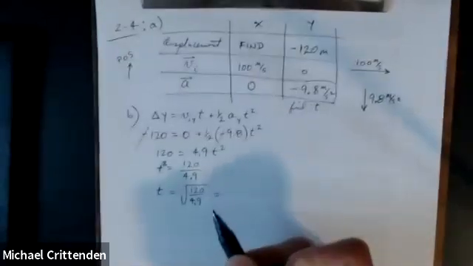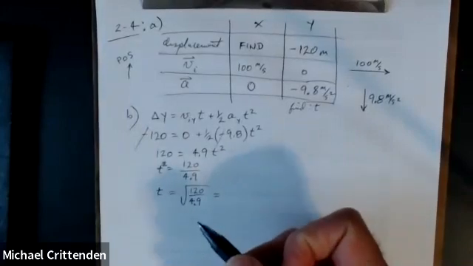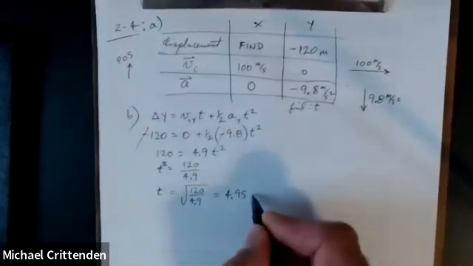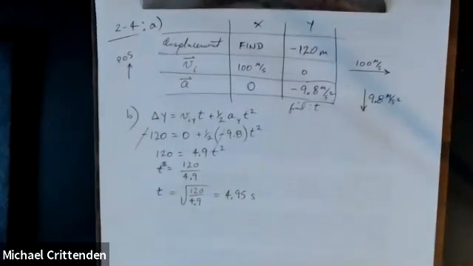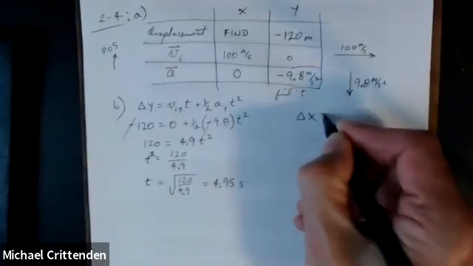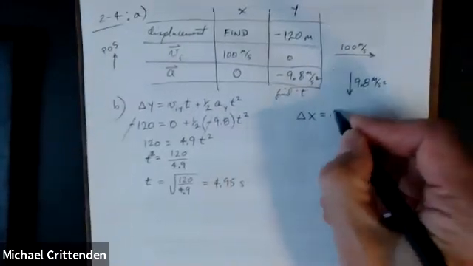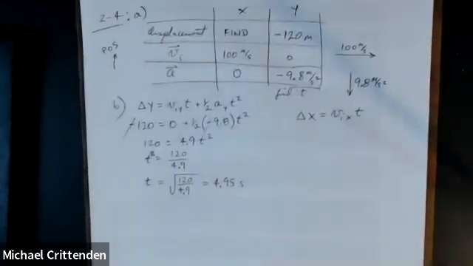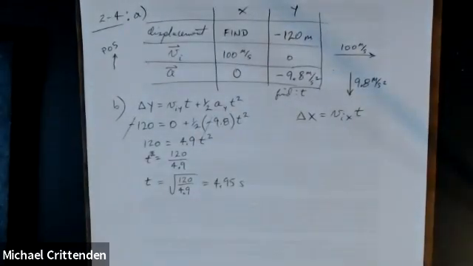So divide and then press your square root button, and 4.95 seconds. Time it was in the air. Then delta x, v initial x times t, just like it was in the previous problem.